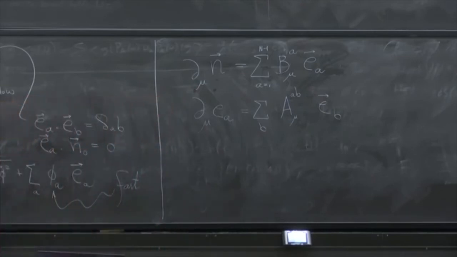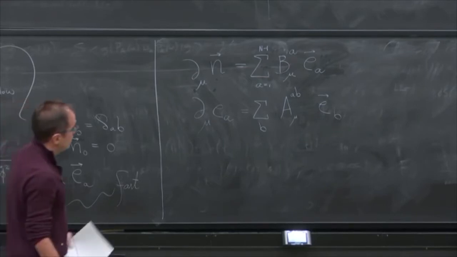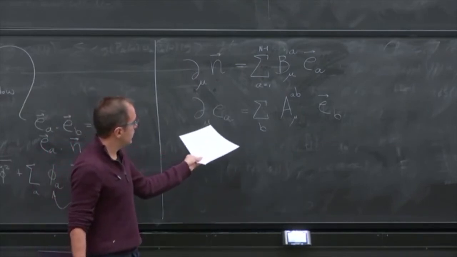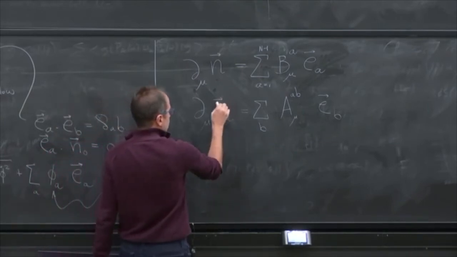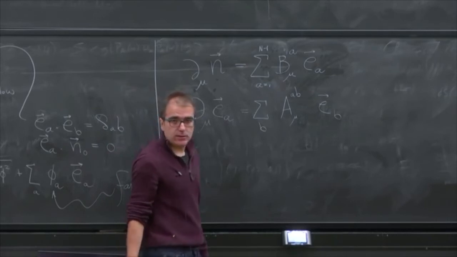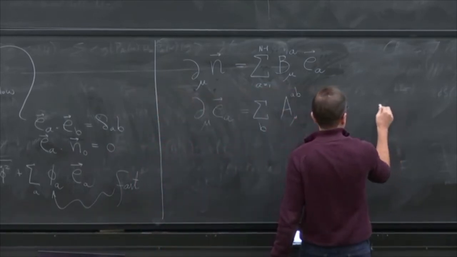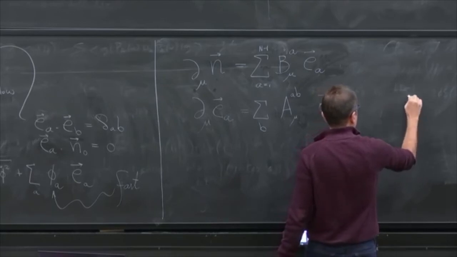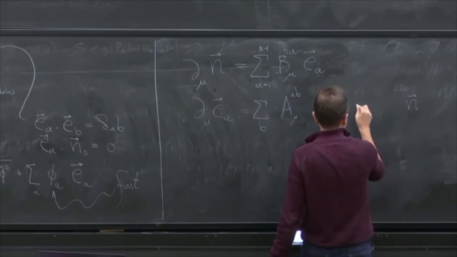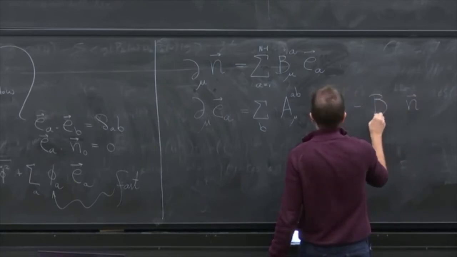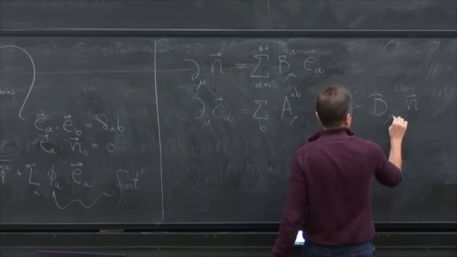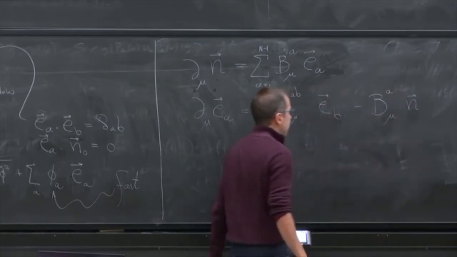I'm not worried about A up or down. They are Euclidean. EA up is EA down. Don't worry about it. It's the same. So this would be one possibility, right? But it's not the only one, because EA can contain n. So I should also add a term with n. And that term is minus b mu A times n.